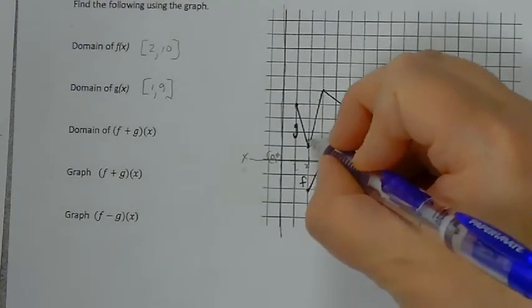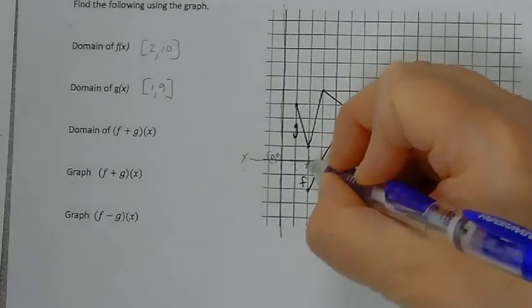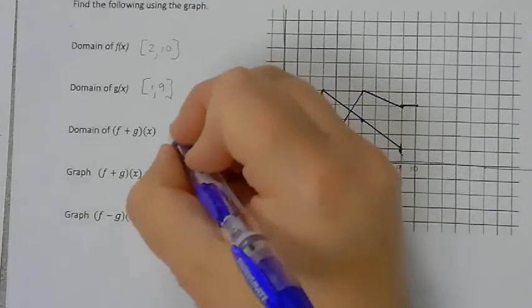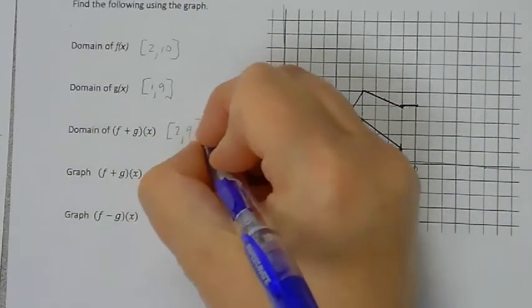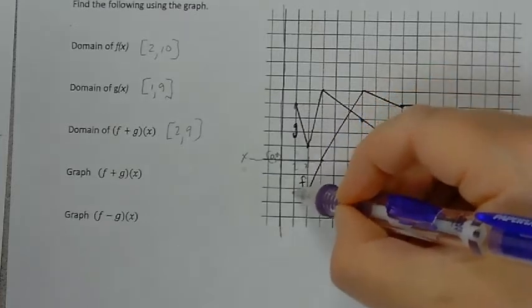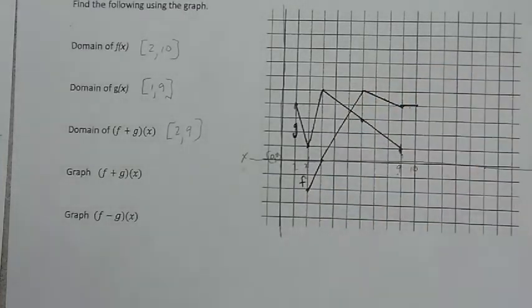Since the graphs both have a point at 2 and both have a point at 9, f plus g only happens from 2 to 9. It can't start at 1 because there would be nothing to add to the g value on the f function. So the adding goes from 2 to 9.